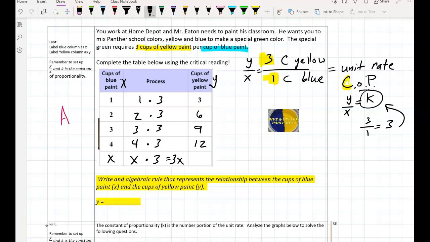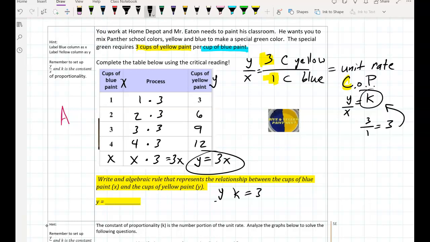So the reason that is important is because now the number of cups of yellow paint can be figured out by simply taking the number of cups of blue paint and multiplying by 3. 3x. So that's a wonderful thing. We found the constant of proportionality. It was 3.